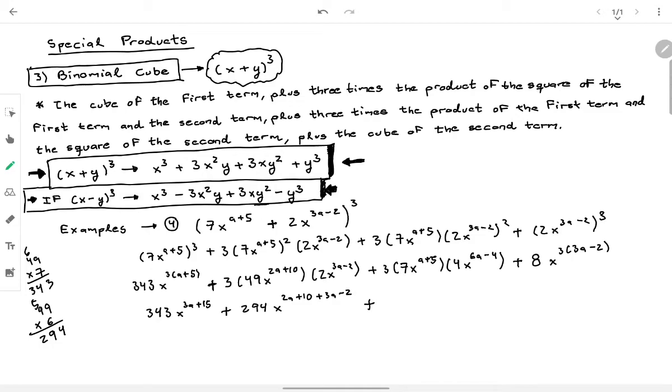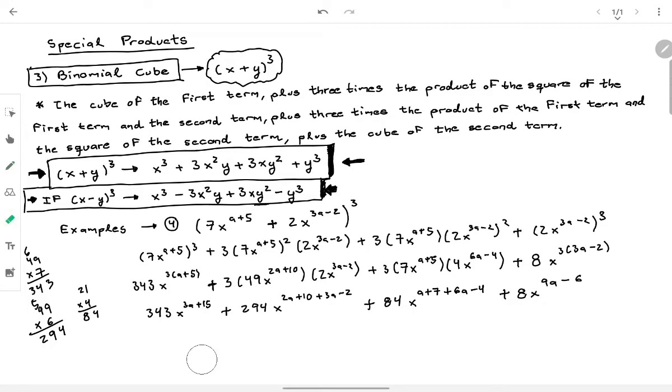Then it's going to be plus 21 multiplied by 4. So it's going to be 84x to the a plus 5 plus 6a minus 4, plus 8x to the 9a minus 6.